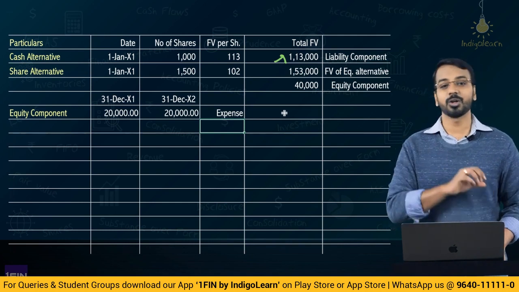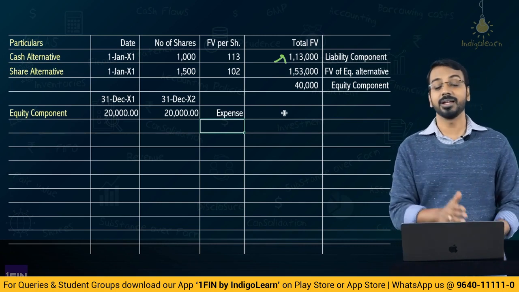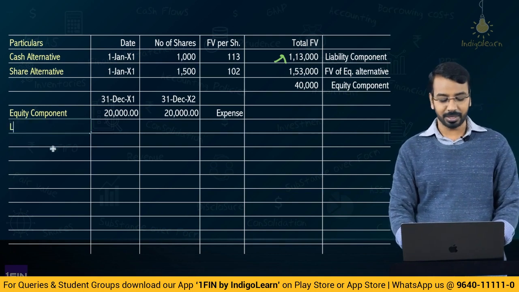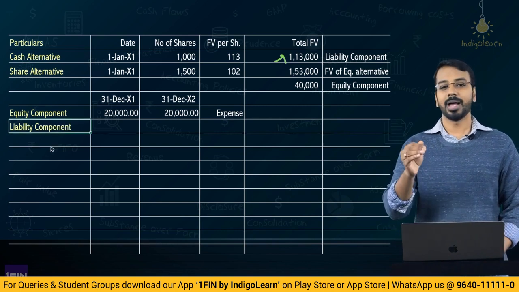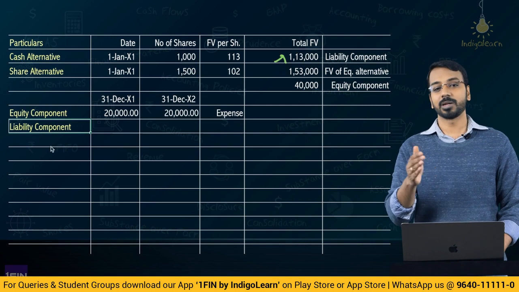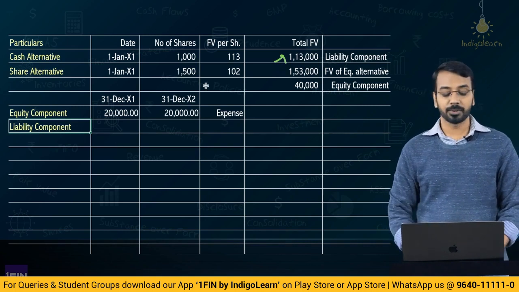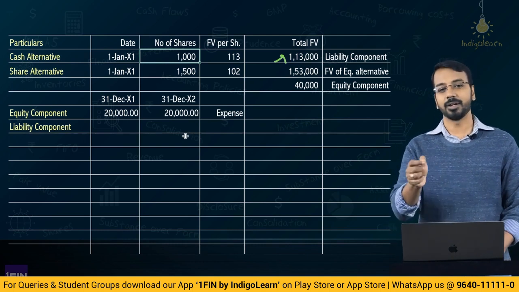But for cash settlement alternative, we have understood that at the end of each reporting period, we will have to do the remeasurement. So, for the liability component, we have to work out what will be the value as on 31st December of year 1 and as at end of 31st of December of year 2. For 1000 shares, we have to see the fair value at the end of each period.